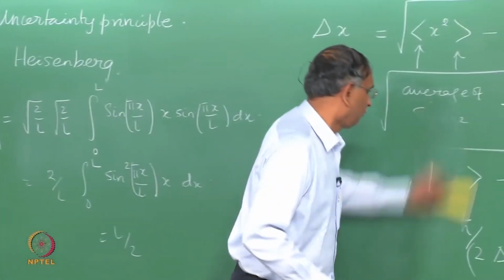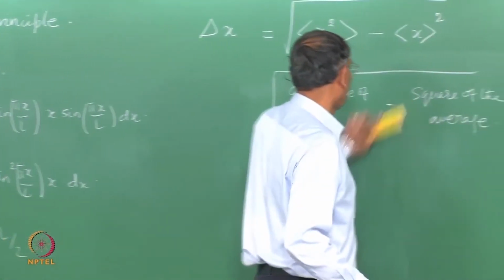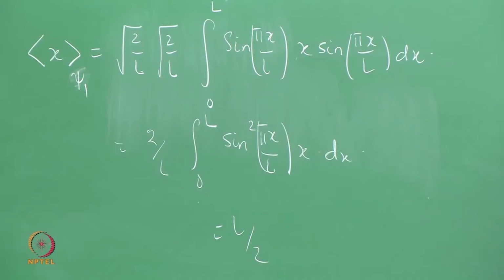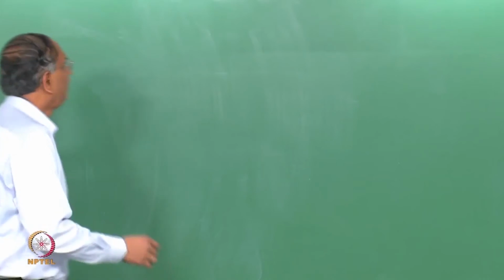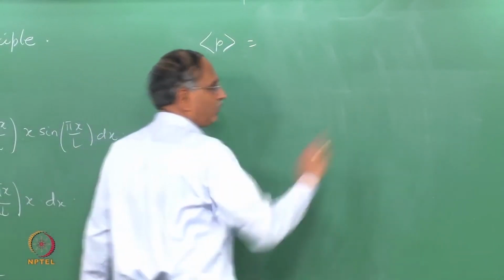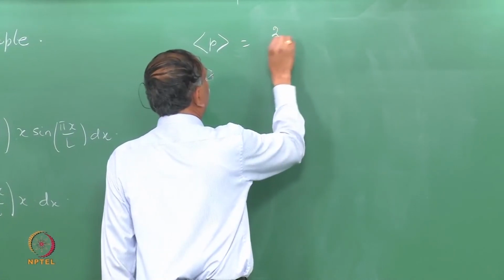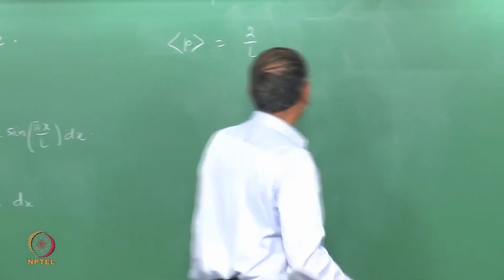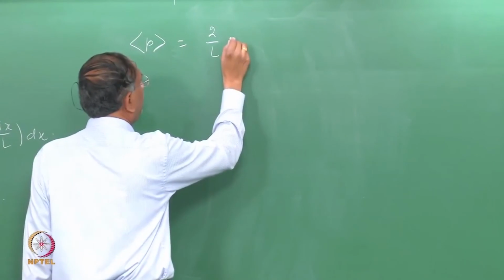What about the momentum? You have to be careful in ensuring that the momentum operator, which is a derivative operator, is placed as written here, namely 2 by L that comes from the two constants psi star.